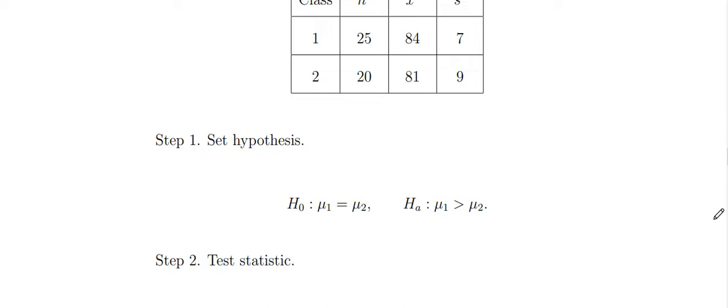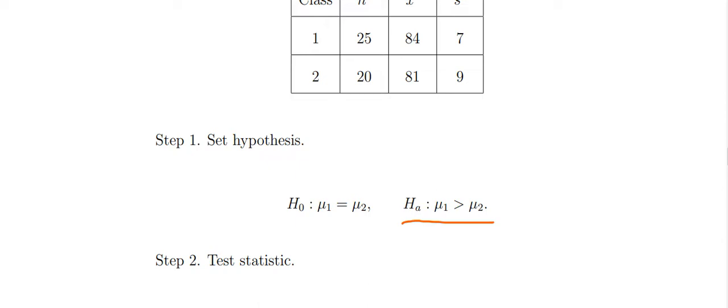In this class, we just wanted to say that for this exam class 1 did better. But can we say class 1 always does better than class 2? If this is true, it means class 1 is significantly better than class 2.